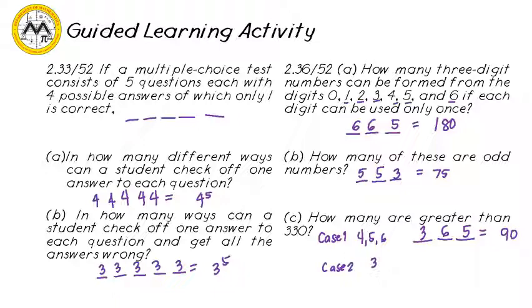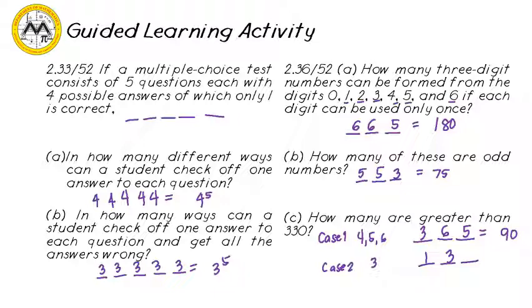While for case 2, if 3 is the first digit, you have no option but to place 3 as the first digit. While for the second digit, the possible numbers can be 4, 5, or 6, so you have 3. How about 3? Can 3 be a second digit?